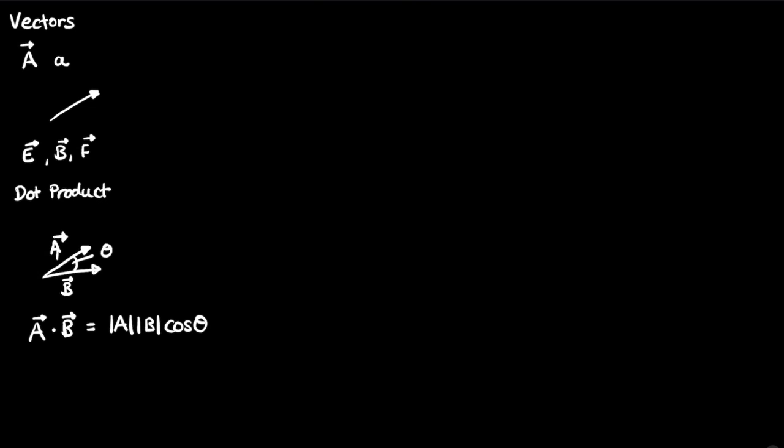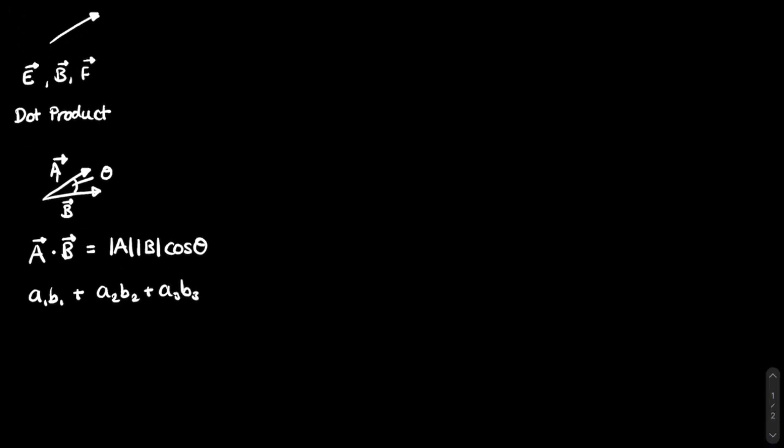And the way in which you work out what the dot product is, if you're given each component, is you multiply the component of a1 by b1, and you add that to a2 b2 plus a3 b3 plus however many you've got.